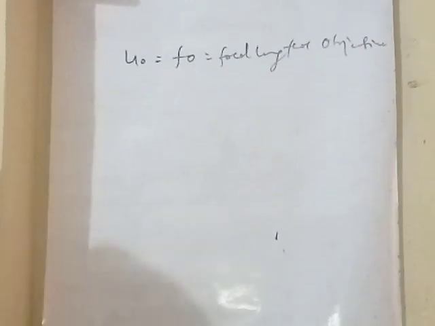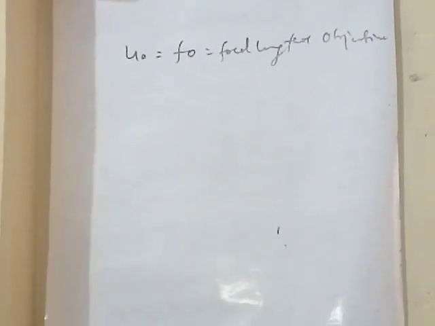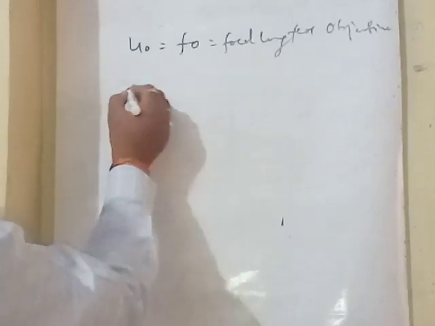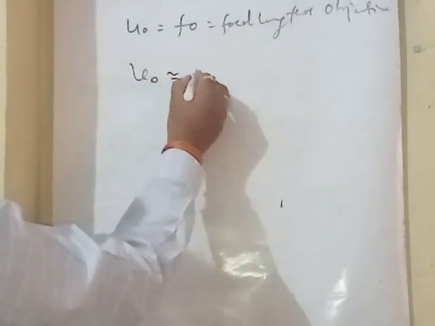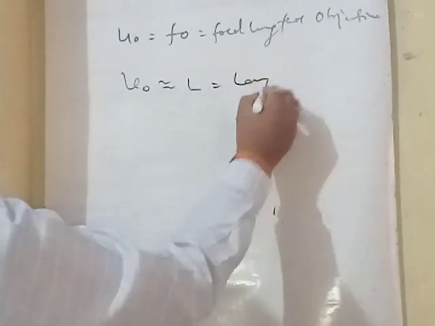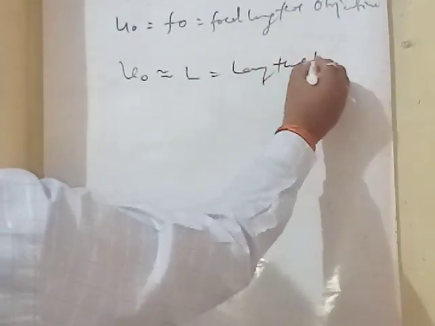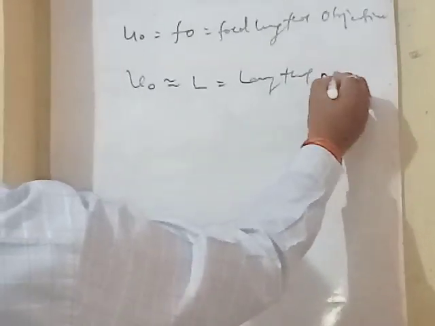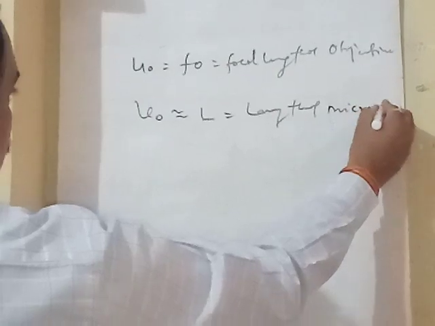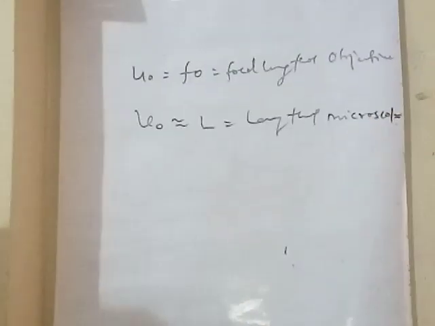And if A dash B dash is formed very close to the eye lens, then VO may be written as almost equal to L, the length of the microscope.